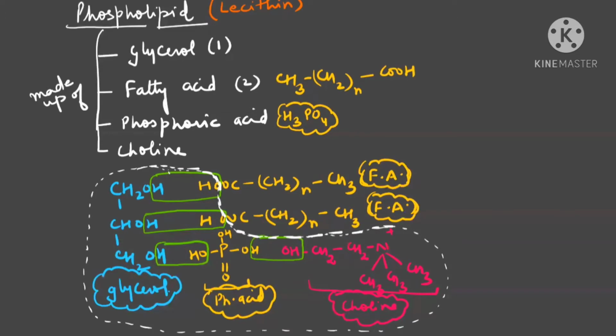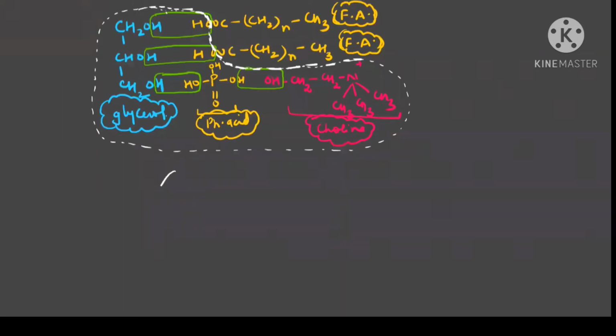I'll just show you, wait, just one minute. So this is the structure which is in your hand. How many things is it having? It is having choline, phosphoric acid, and glycerol. What is left is two fatty acids.